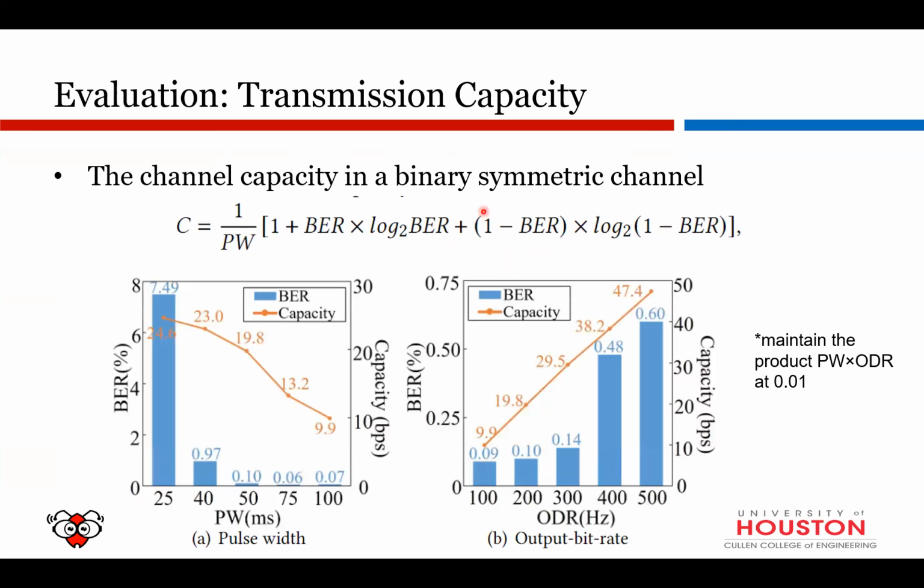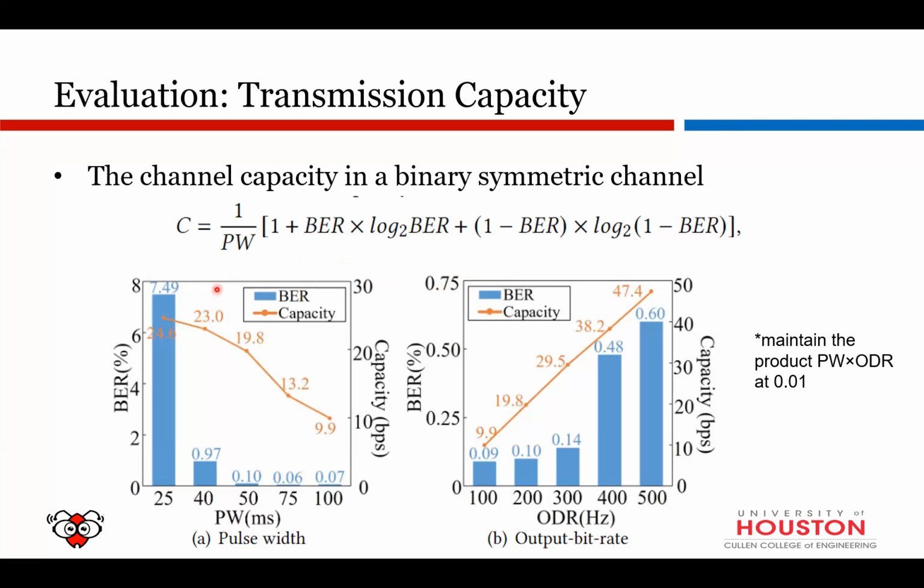So at last, the transmission capacity is also evaluated. Since this kind of transmission is a binary symmetric channel, the channel capacity is different from what we use for Gaussian sources and Gaussian channels. For this binary symmetric channel, the channel capacity is shown in this equation, and it is related to the pulse width and the bit error rate.